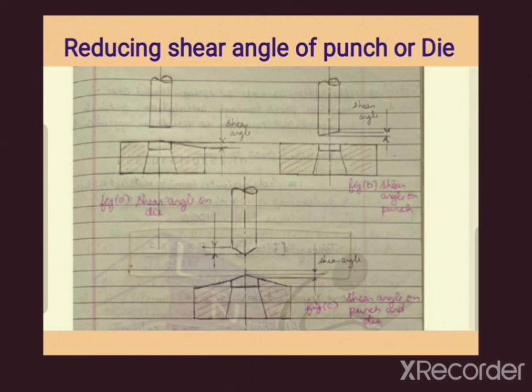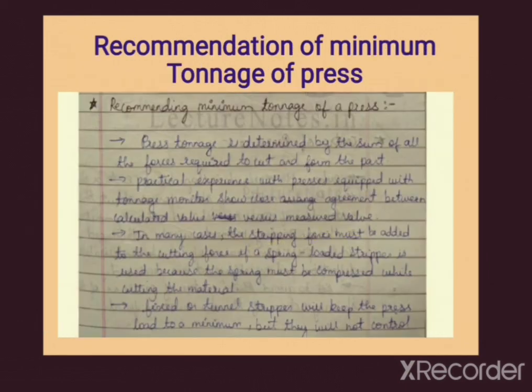Now let us discuss recommendation of minimum tonnage of presses. Press tonnage is determined by the sum of all the forces required to cut and form the part. Practical experience with presses equipped with tonnage monitors shows good agreement between calculated values and measured values.